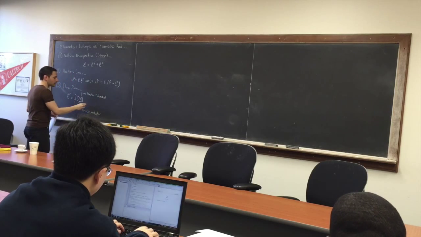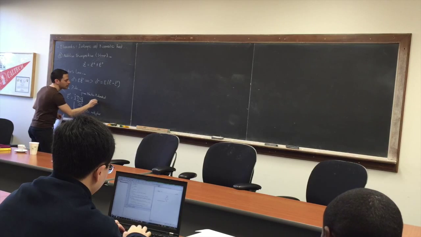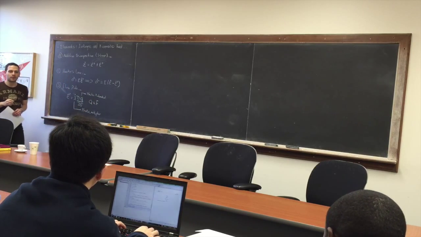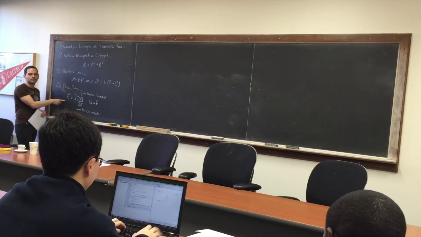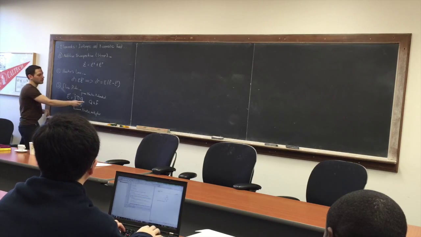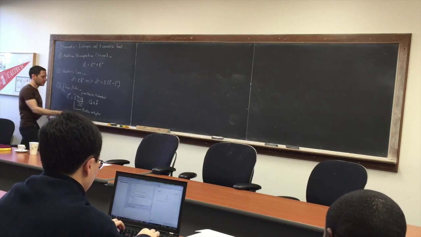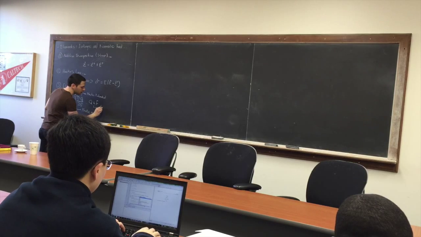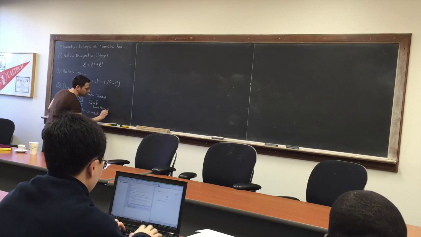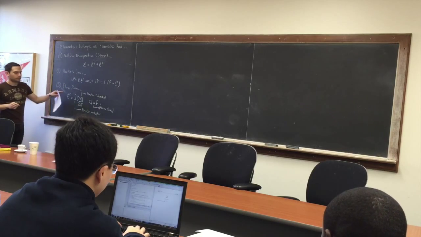And what happens when Q is equal to F, where F is the yield function? How do we call it? When Q is equal to F, associative plasticity. So this is the associative flow rule.